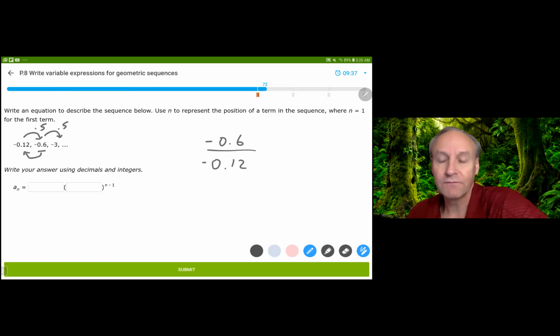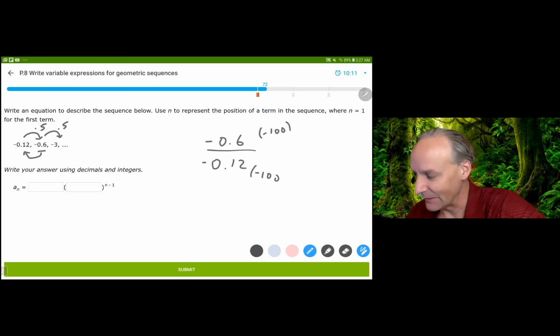Now, if for whatever reason you want to do this division without a calculator, I don't know why you would want to do that, but some people may actually be interested in being able to do division without a calculator. So realize that the negatives are going to cancel out. And what I'm going to do, in order to simplify this fraction, is multiply the numerator and denominator by negative 100.